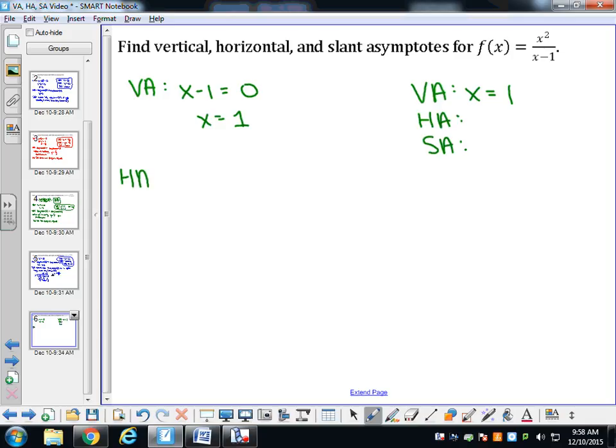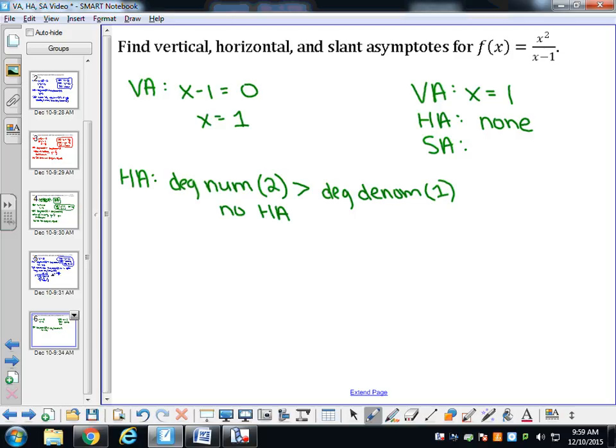Then for my horizontal asymptote, I compare the degree of the numerator, which is 2, to the degree of the denominator, which is 1. Since the degree of the numerator is greater than the degree of the denominator, that means I have no horizontal asymptote.